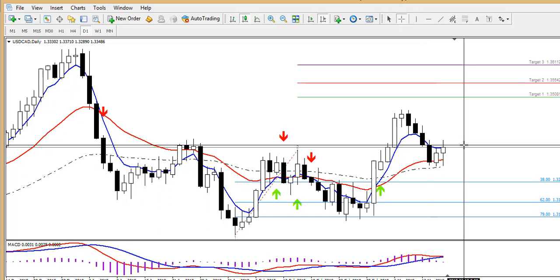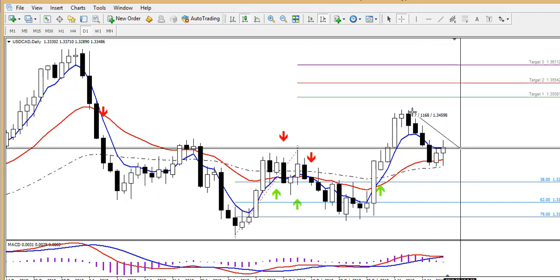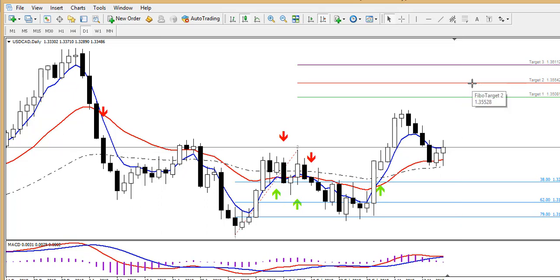And I think from where price is now to this point, this is about 116 pips. From where price is currently to the second level on the daily calculator price levels, it's about 208 pips, and it will get there.